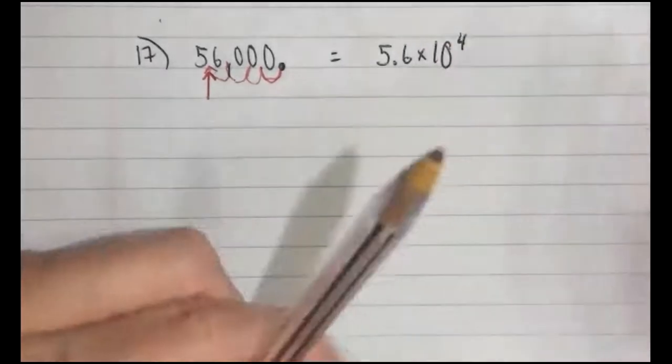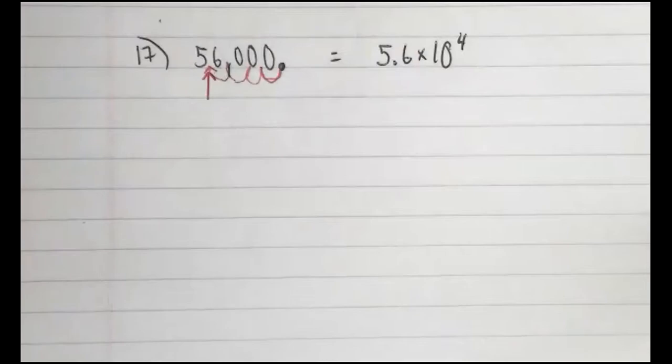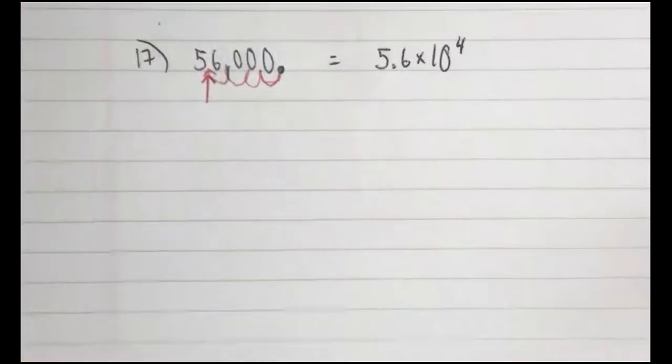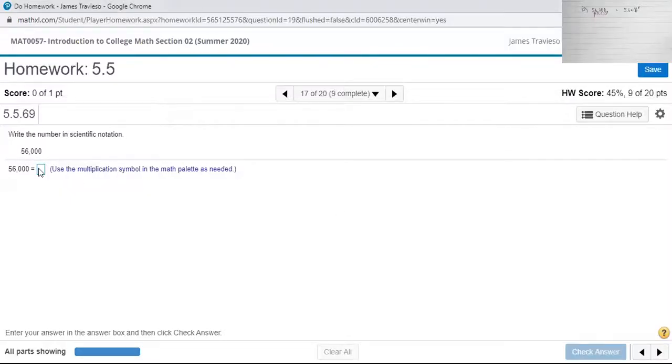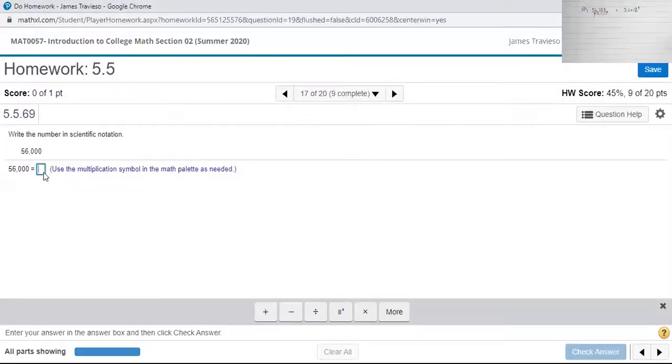And I do want to show you how you have to enter these in the assignment. All right, so we already said the answer is going to be 5.6 times 10 to the 4th. So you're going to enter your 5.6.